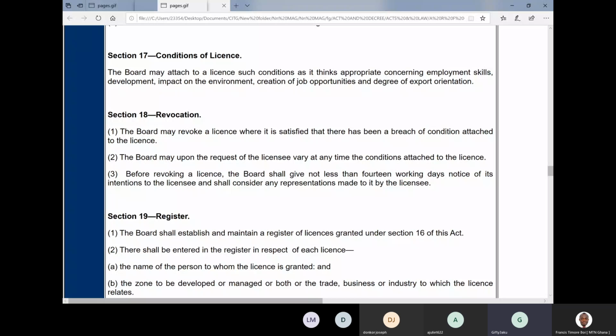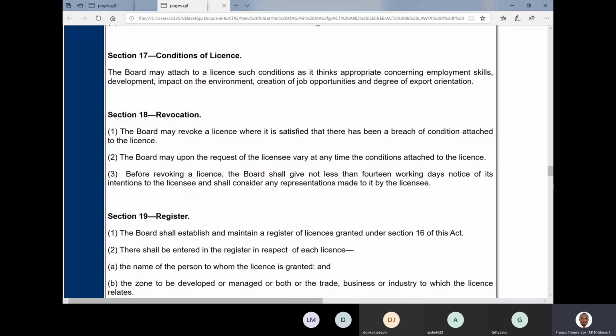Subsection 3. Before revoking a license, the board shall give not less than 14 working days notice of its intentions to the licensee and shall consider the representations made to it by the licensee. Representation means that we want to give you a fair hearing.